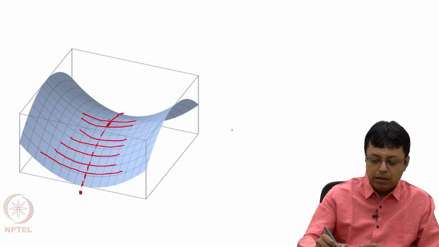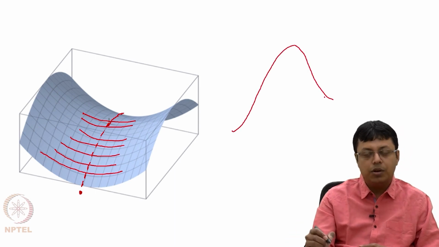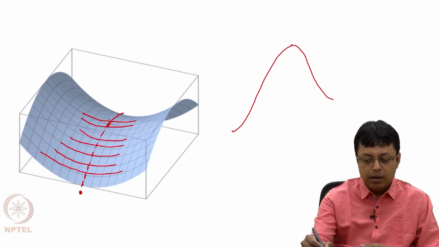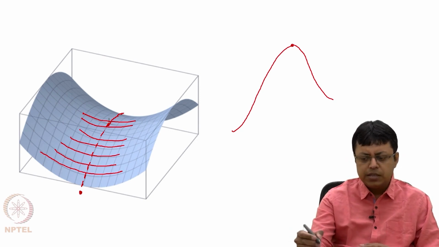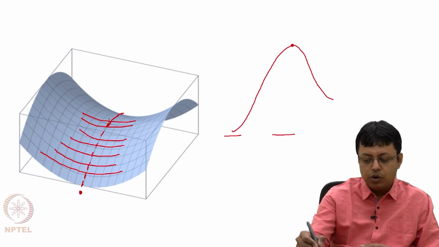So that's what we meant when we drew these potential energy surfaces, or the activation energy, and said that we need a minimum energy, and we always draw this path.